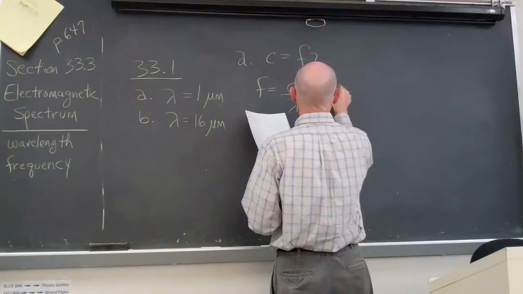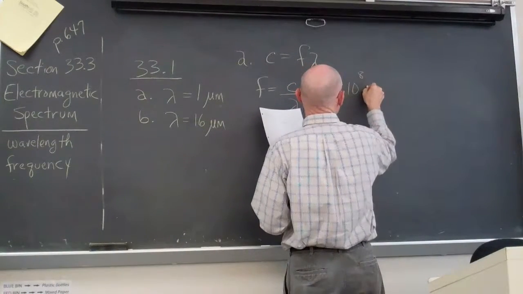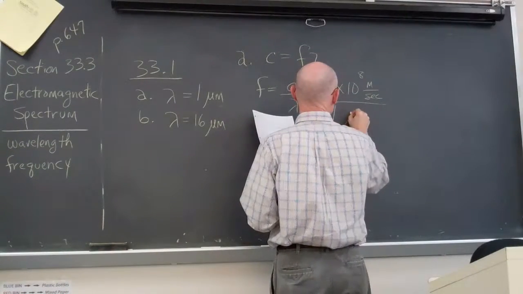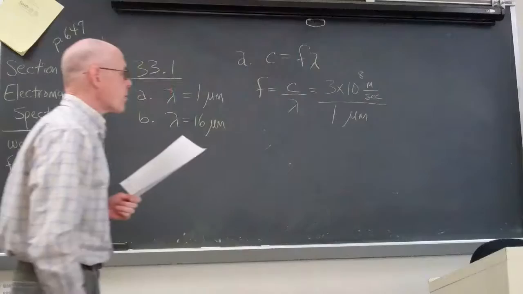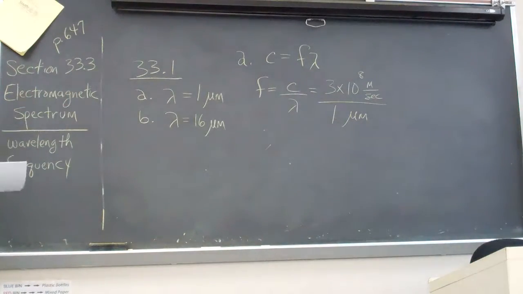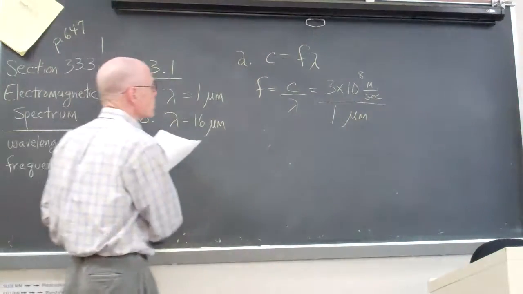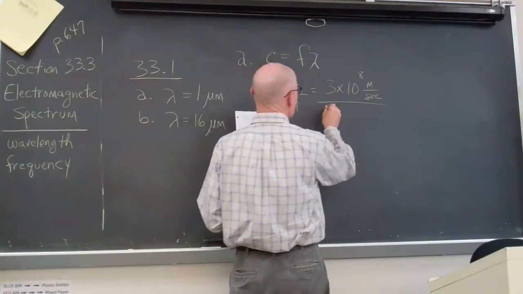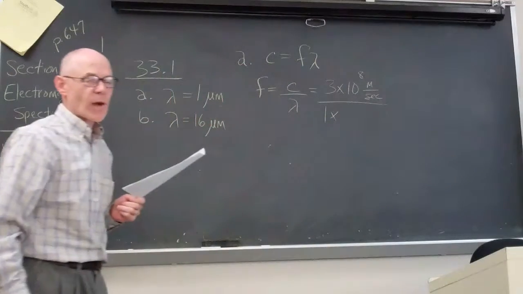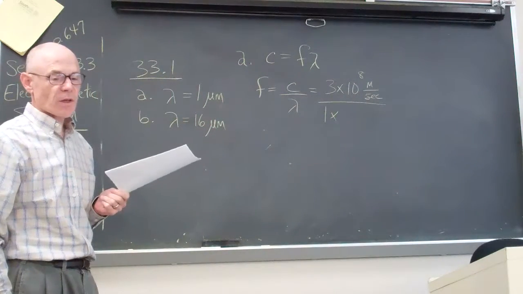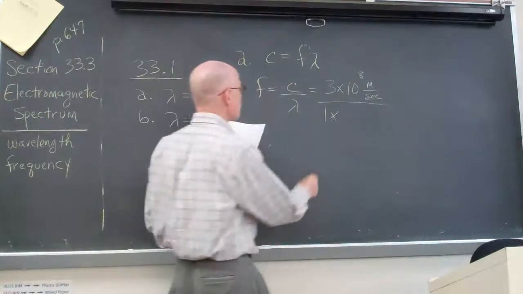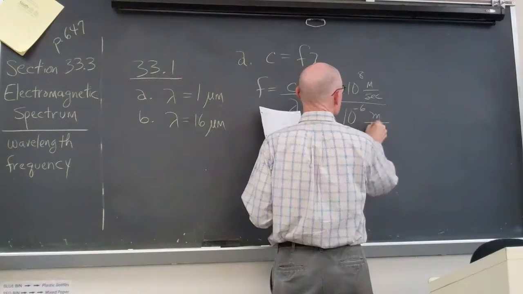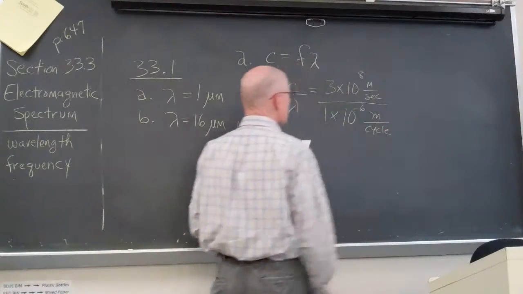Let's see, 3 times 10 to the 8th meters per second divided by 1 micrometer. However, the micrometer prefix is not helpful in the calculation, so what you would want to do is write down the meaning of micro, which if you look in the metric prefix table is 10 to the minus 6, and that is meters per cycle.